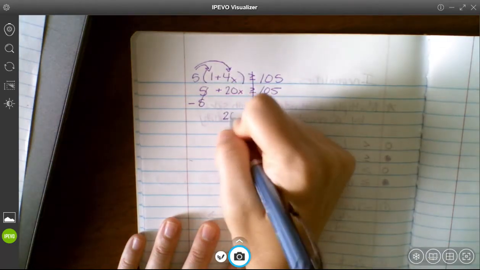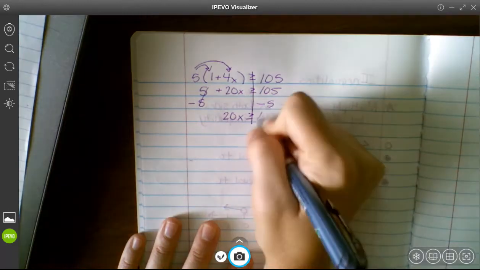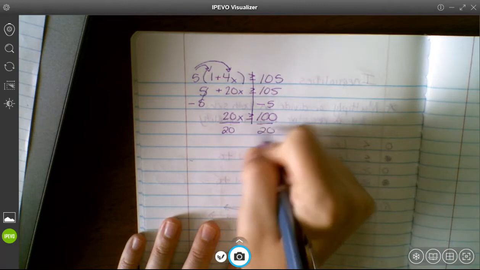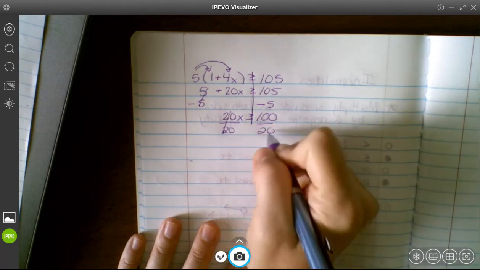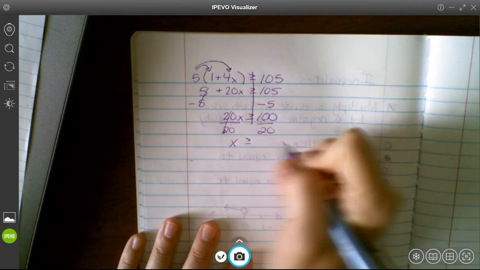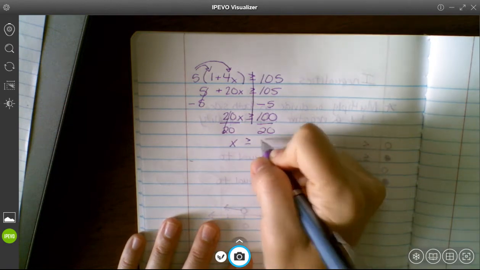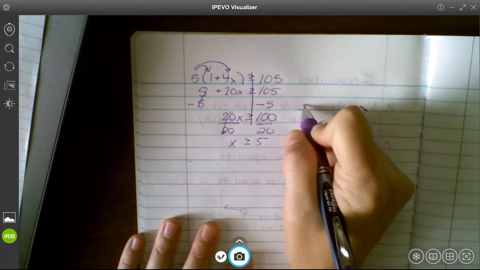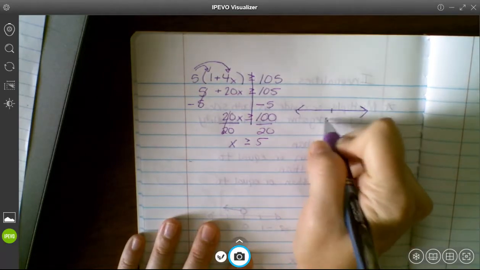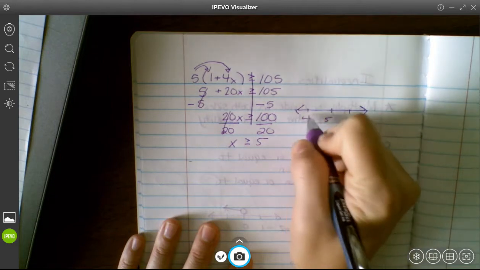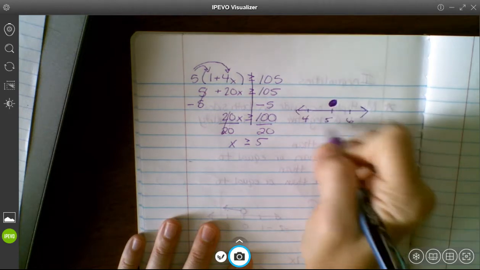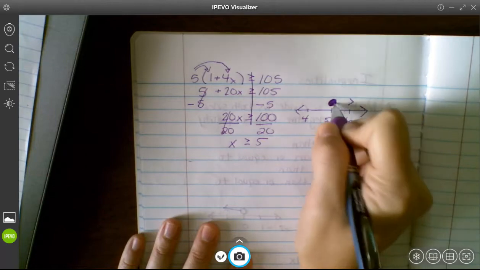So I have 20x is greater than or equal to 100. So I'm going to divide by 20. Okay, 20 was positive when I divided by it, so I don't flip my inequality. So I'm getting x is greater than or equal to 5, so I'm going to draw my number line again. 5, 6, 4. It's going to be a closed circle. Okay, and x is bigger, so 6 is bigger than 5, so I'm going to draw it this way.